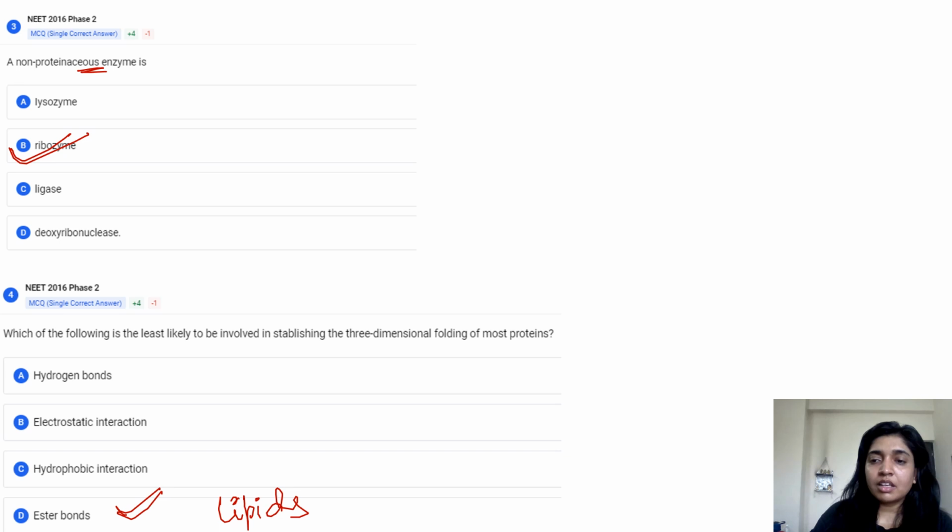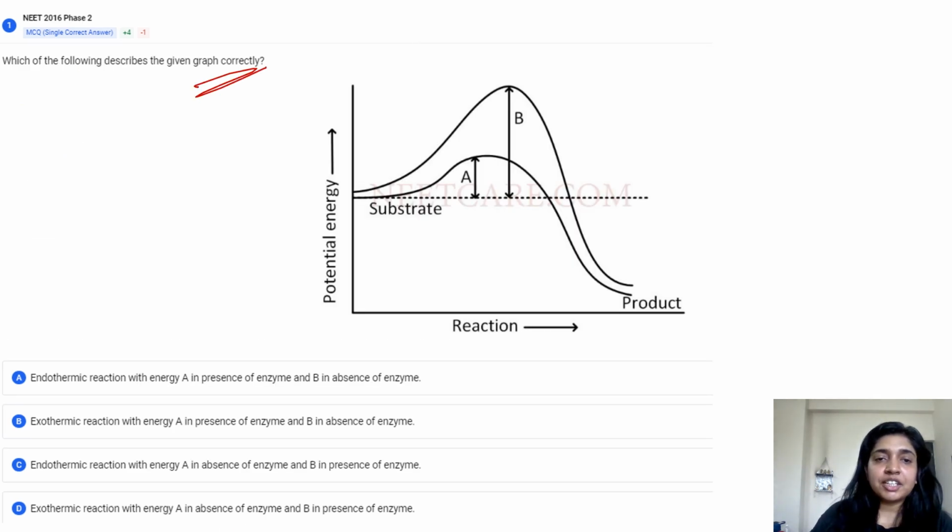All right. Which of the following describes the given graph? So over here, as you can see, the substrate has higher energy compared to the product. That means the energy has been dissipated outside, which makes it an exothermic reaction. So it is an exothermic reaction, A in presence of enzyme and B in absence of enzyme.